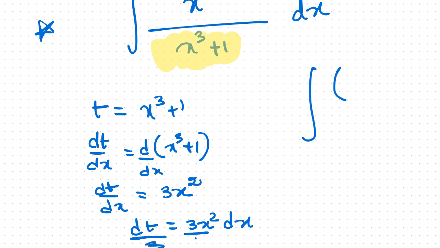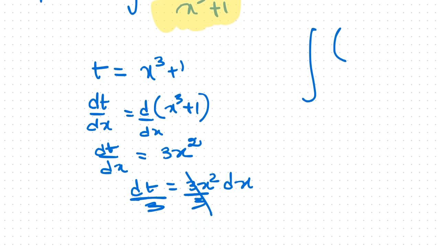Dt by 3, okay? We have to divide them. Yeah, that's what, dt by 3. So instead of x square dx, the value is actually dt by 3.